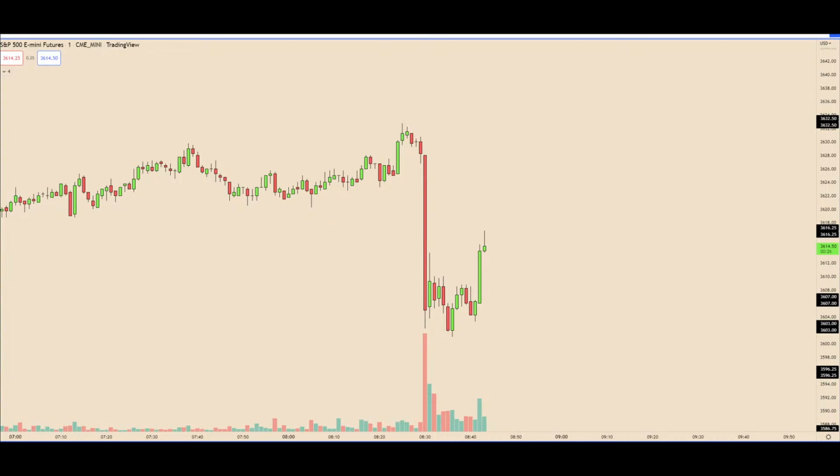Let me try to adjust some settings real quick. Yeah. I'm gonna fix some settings and see if it helps. Oh, it is okay for now?